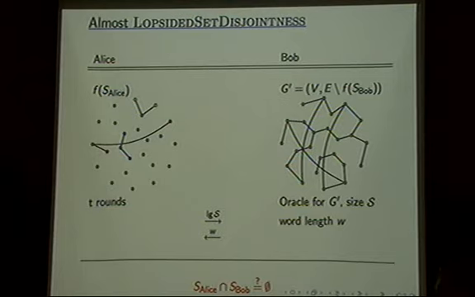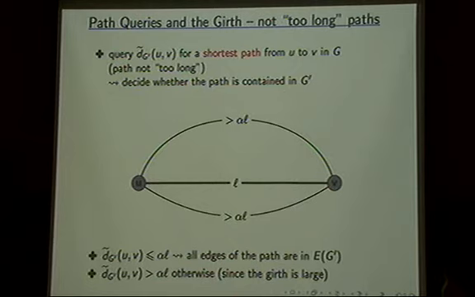So after querying all these distances, Alice and Bob will know whether their sets intersect or not. Now, just to rephrase what we just saw, the original distance in the graph is going to have length L. So we assume that Alice gets paths of length L. Now if one of the edges is missing, then the result of the distance query is going to be more than alpha times L. And otherwise, it's going to be at most alpha L, if all the edges of the path are in the edge set of G prime.